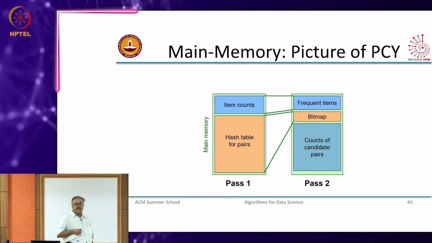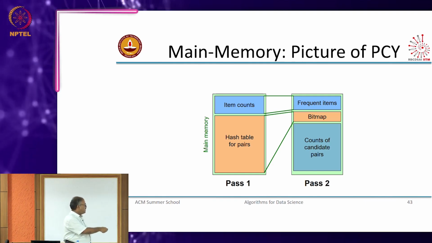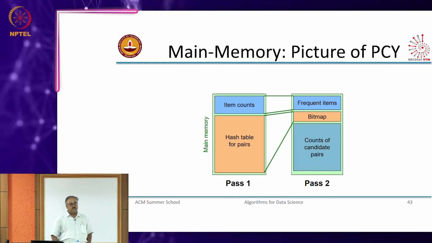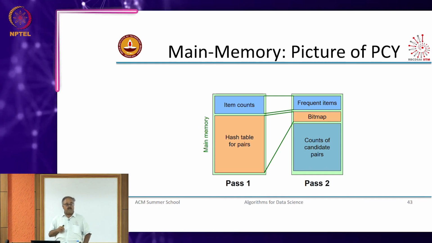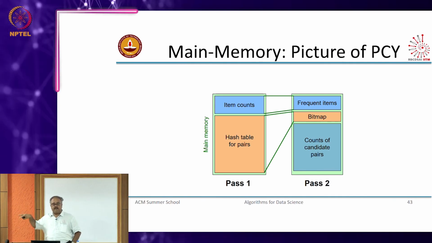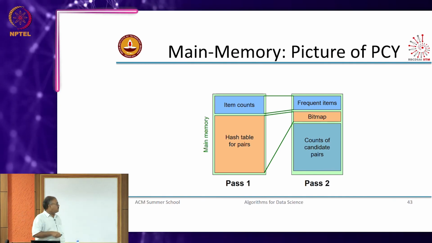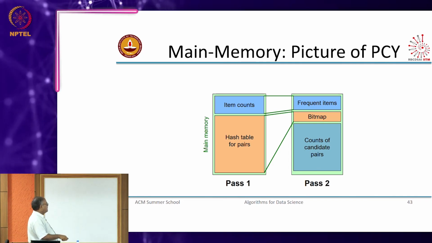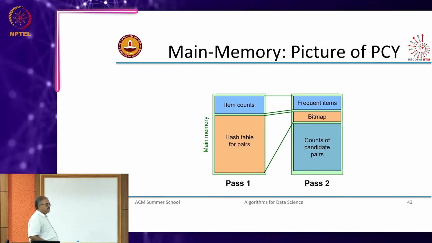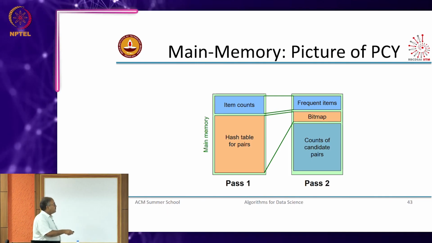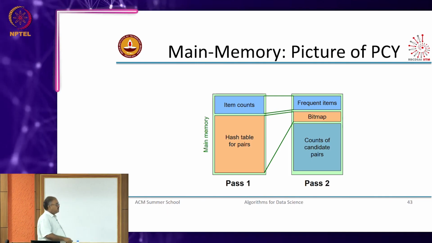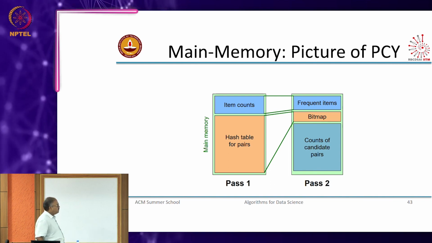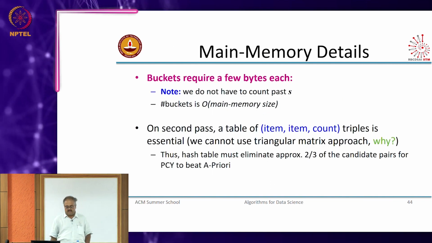So I need to have some representation of the count in the hash table, because without access to the count I will not know which pairs were frequent. So what I do here is I summarize this hash table into a bitmap. Now I have my original set of frequent items, I have a bitmap that tells me about this hash table, and then I count the candidate pairs, okay.